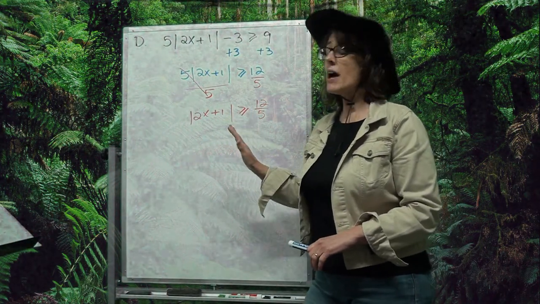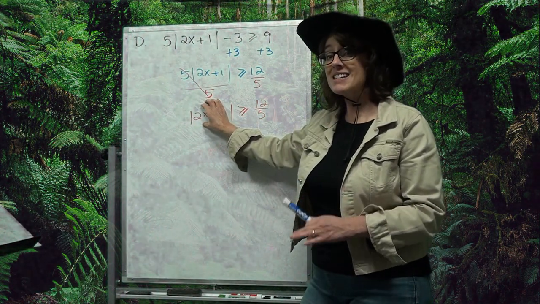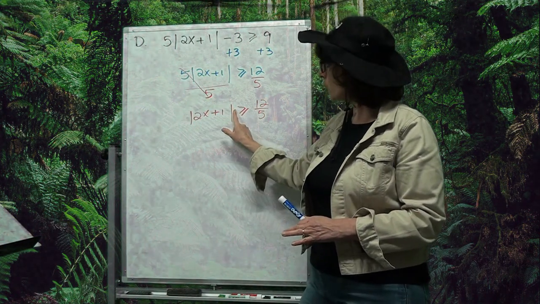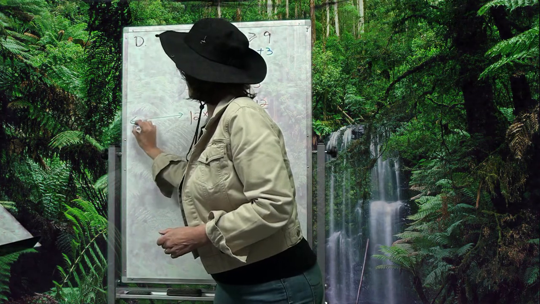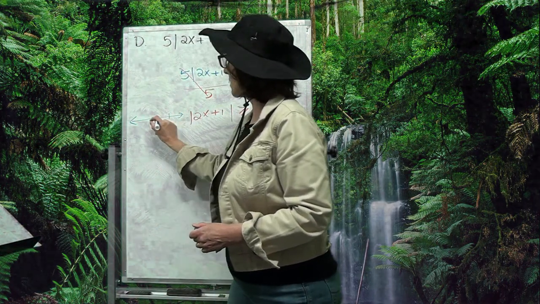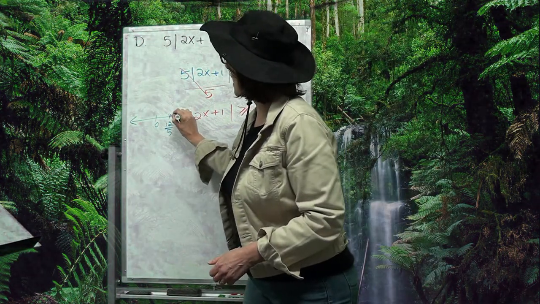Now remember, what this tells me is the stuff inside there. When I talk about its distance from 0 on the number line, its distance is going to be bigger than 12/5. So as I look at my number line, and I go, okay, here's 0, a distance of 12/5 would be from here to here, but I'm talking about a bigger distance. That's everything back here.